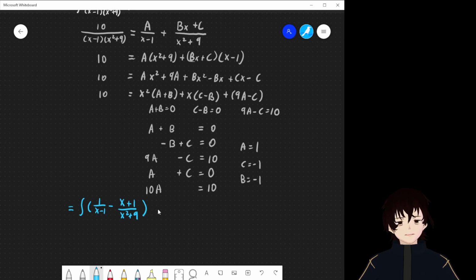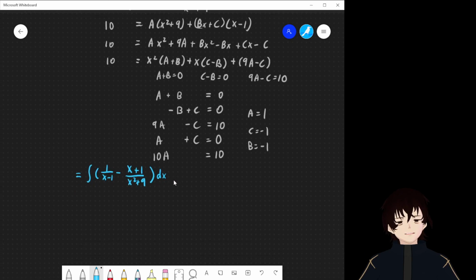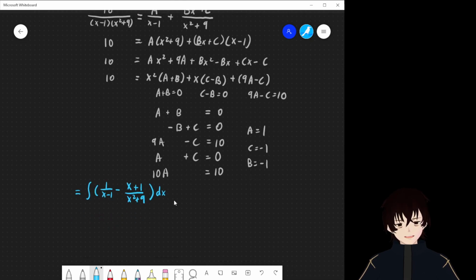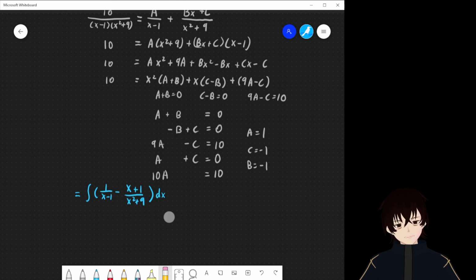Oh, wait a second. I have to partial fraction this again. Oh no. Okay, I think we got another way of doing this.